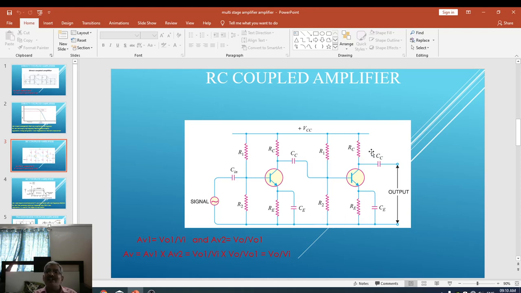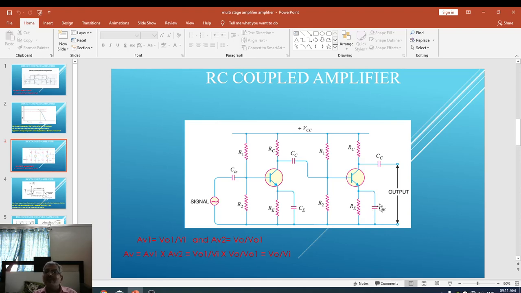Here also RC is going to act as a load resistance connected between VCC and collector. RE is the emitter resistor that provides self-biasing to the transistor. CE is going to act as an emitter bypass capacitor.